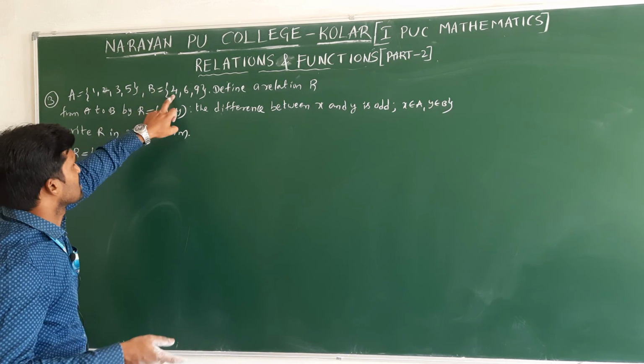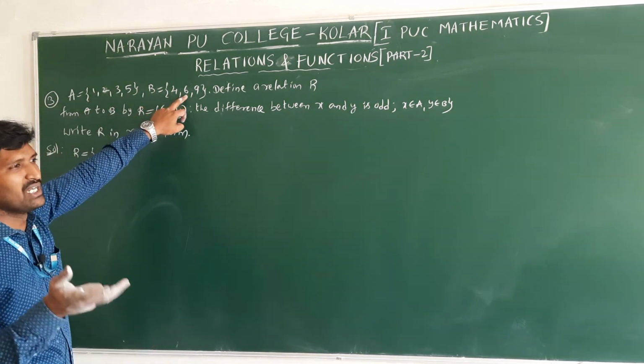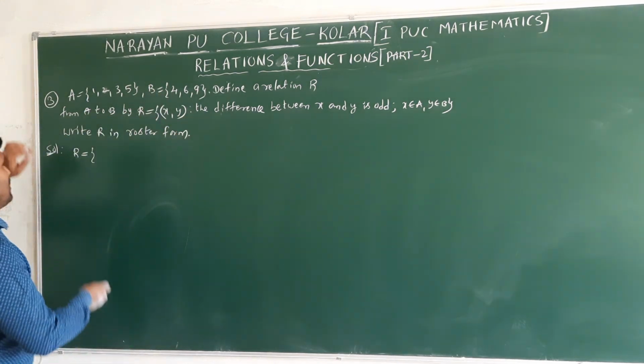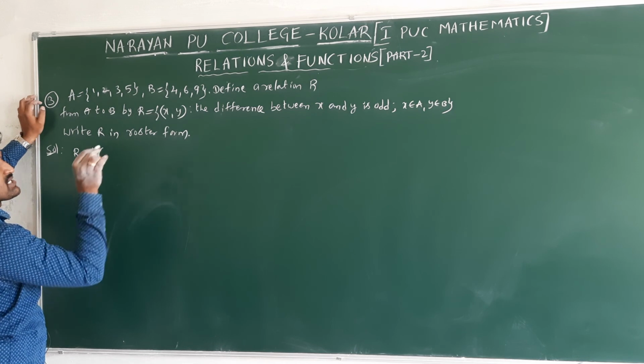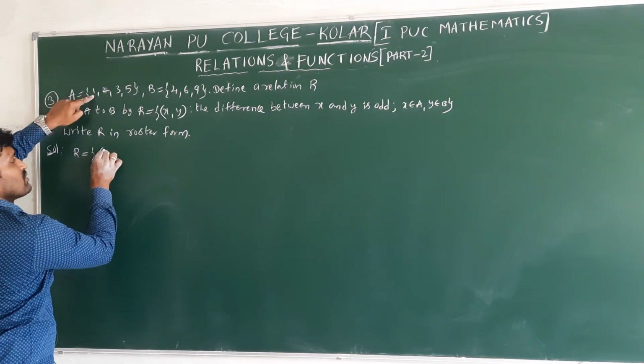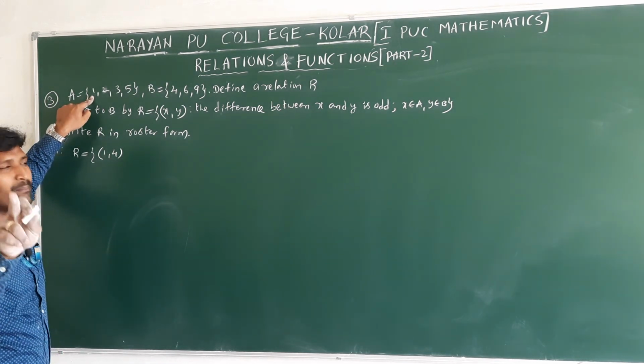For example 1 minus 4 is minus 3, odd number; 1 minus 6 is minus 5, odd number. If you take 1 minus 9, minus 8, even number. So if the difference is odd, one is odd and another one is even. So (1, 4) because 1 minus 4 is minus 3, odd number.